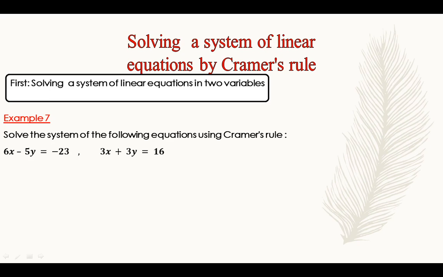These two equations are linear equations, or we can say two simultaneous equations. But now we are going to solve this system of linear equations by using Cramer's rule, which means we are going to use the determinant to find the solution of these two equations.